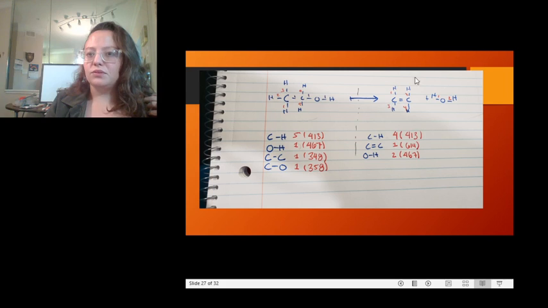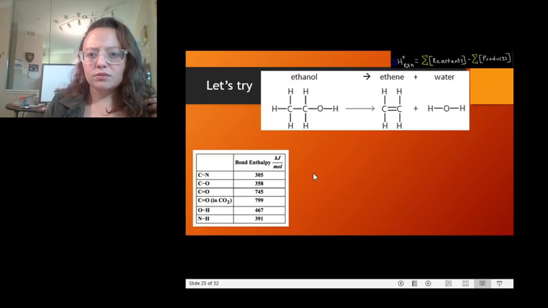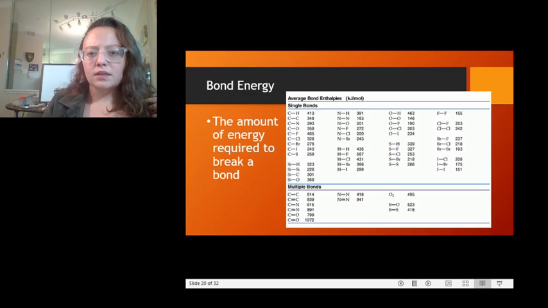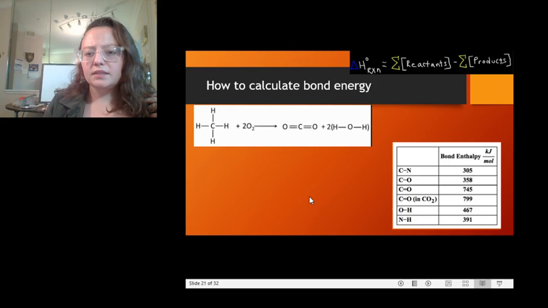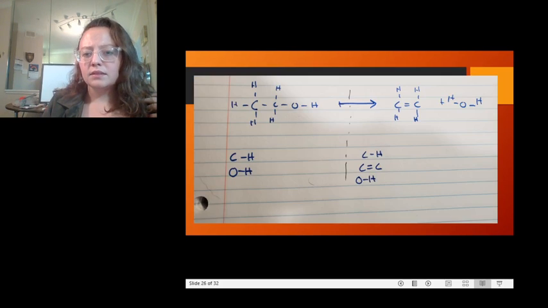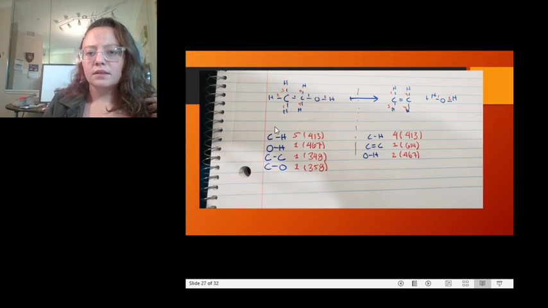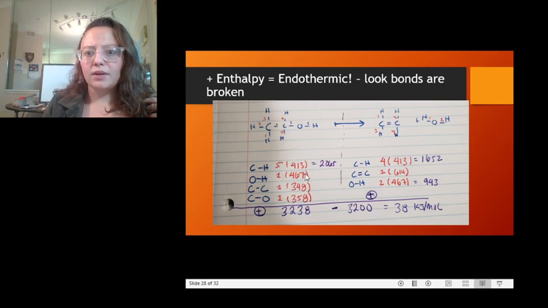On this side we have 1, 2, 3, 4 C-H bonds, 1 carbon double bond, and 2 of the O-H. Again, I got these numbers from our table. Carbon-carbon, 348, carbon double bond, 614. And then again, we add them up and subtract.